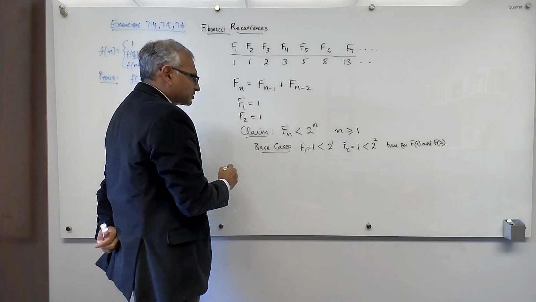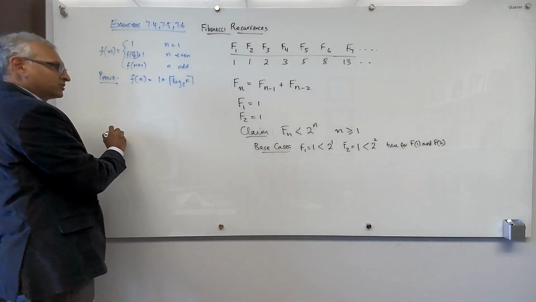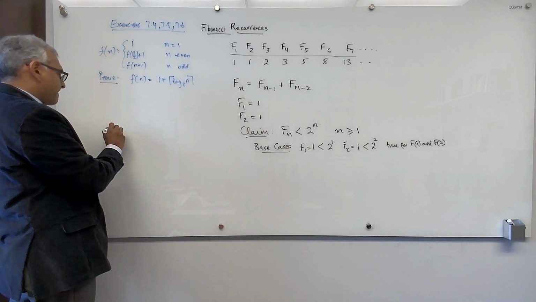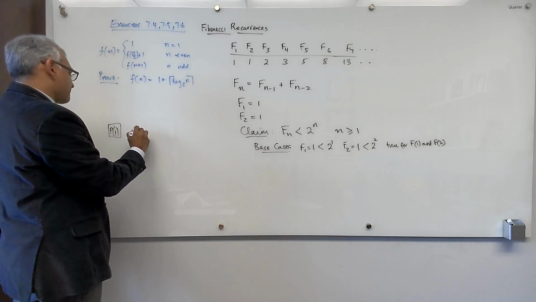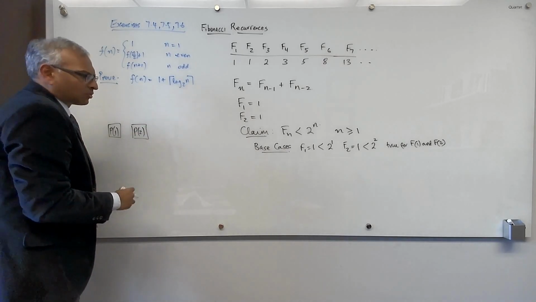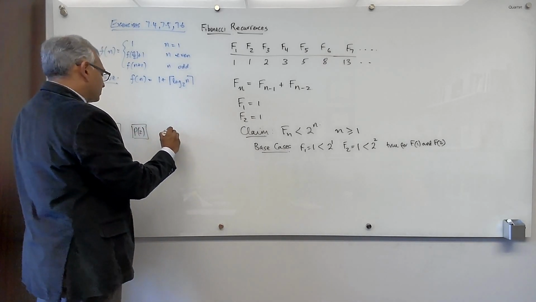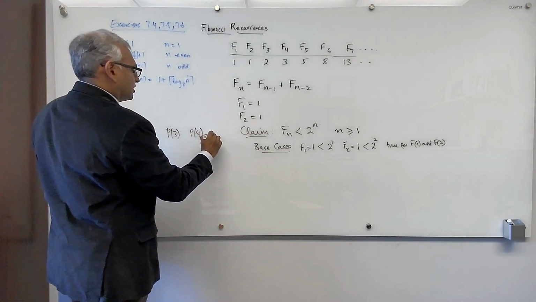Now, the induction step. So, if you think about what I have, I've proved the claim for n equals 1. I've proved the claim for n equals 2. Now, I would like to know whether it holds for n equals 3, n equals 4, and so on.